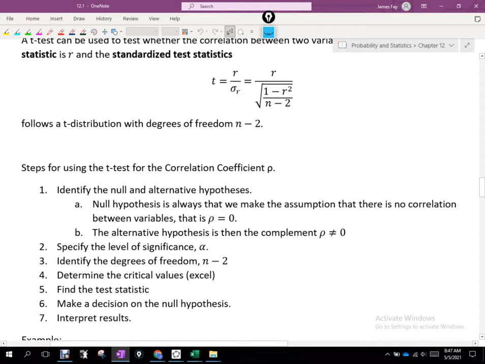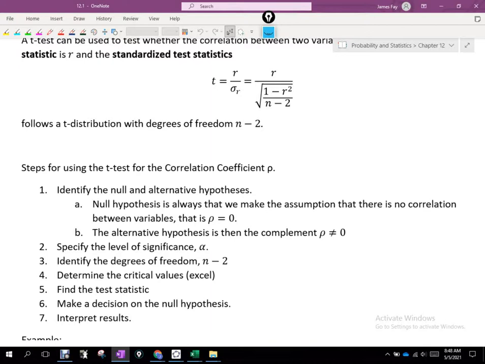It's the Greek letter that looks like an italicized p; that's how you write it. The alternative hypothesis is then the complement. This is why the hypotheses are always built this way.